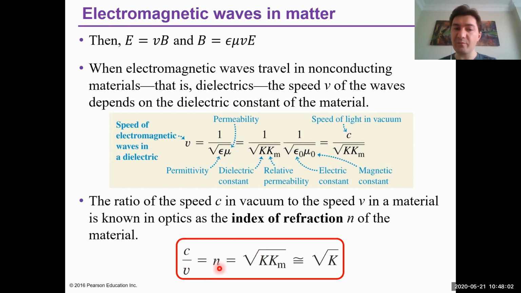And it is a very important number in optics, the index of refraction. So it is given with that constant for certain materials. And here Km is around 1, so we can write it like this, square root of K, the dielectric constant. Do you have any questions here related to electromagnetic waves in matter?